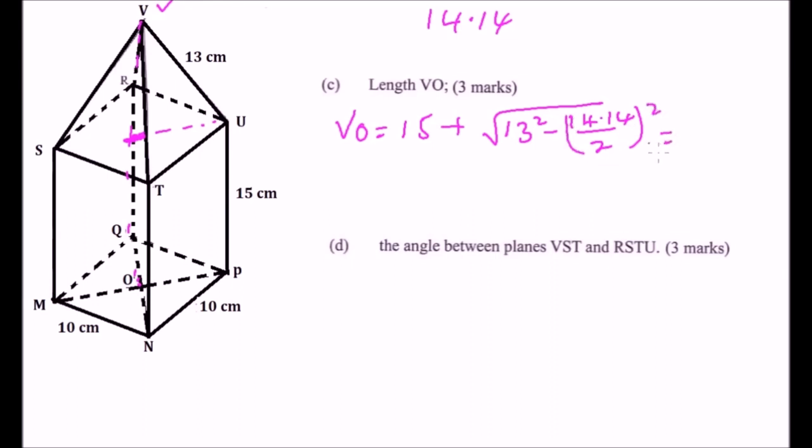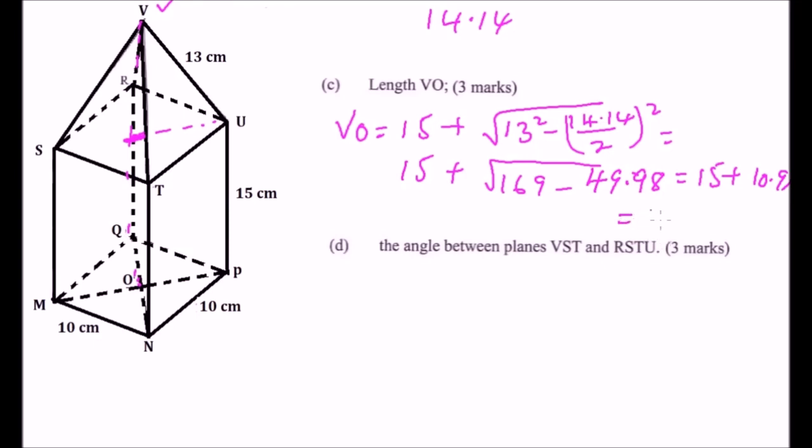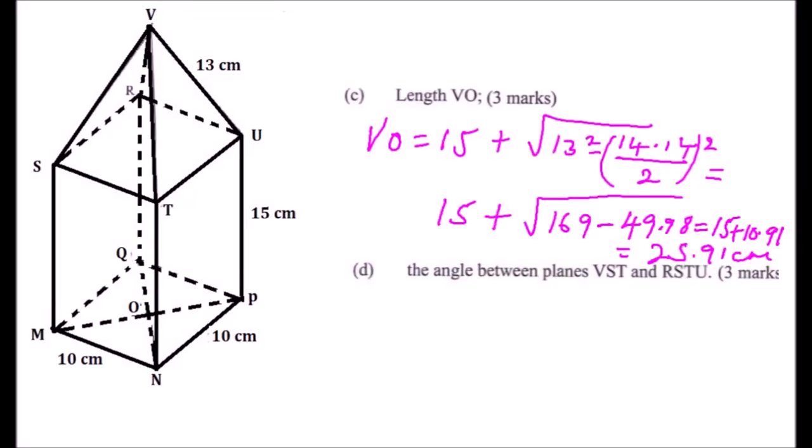You use your calculator, you get this is equals to 15 plus, that will give us 169, that is 13 squared, minus this 14.14 divided by 2 squared will give us 49.98, and when you subtract, you get it is equals to 15 plus 10.91, and using your calculator you add the 2, you get 25.91 centimeter.